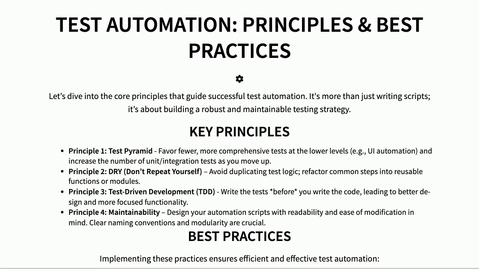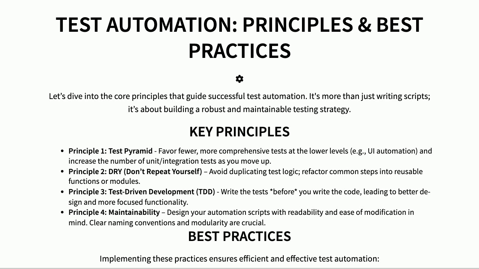Okay, let's talk about the foundations of successful test automation. It's really about building a smart system, not just throwing code at it. We start with the test pyramid, which suggests that you want fewer, but more thorough tests at the top, things like automated UI interactions, and then a growing number of smaller, focused unit and integration tests as you go down. DRY is huge. Don't repeat yourself in your automation.